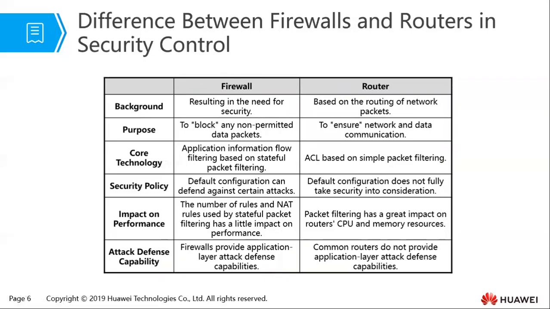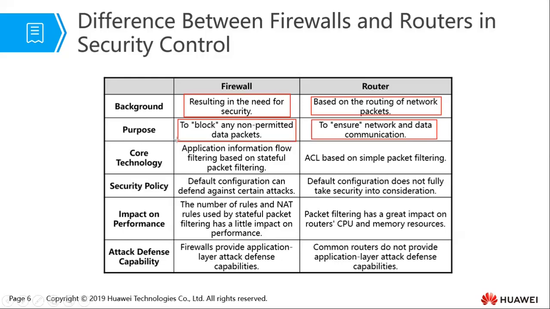So if we can just look at the difference here between firewalls and routers. Just in terms of background, this one was created to cater for security needs. This one was created to cater for packet forwarding. The purpose for this is to block any non-permitted data packets. The purpose for a router is to ensure network and data communication.